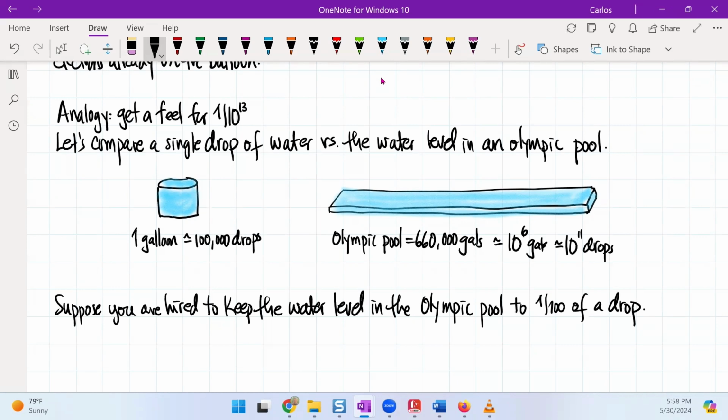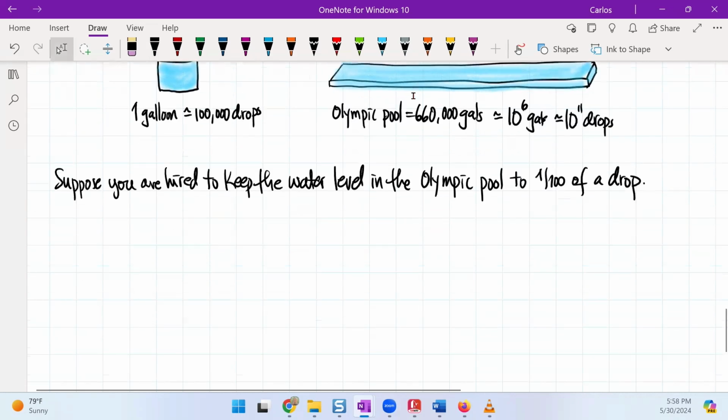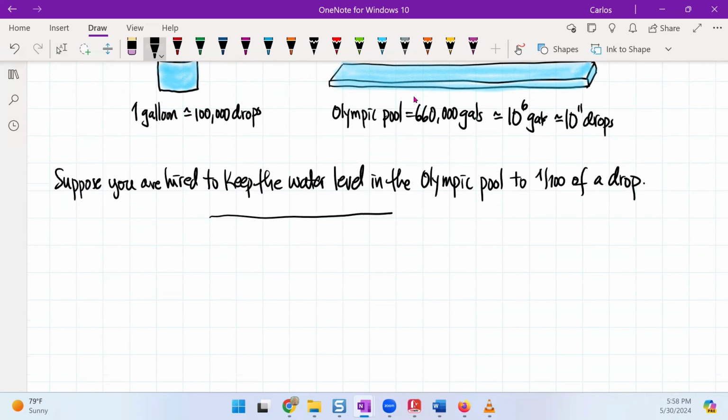So let me make sure you're understanding what I'm saying here. So suppose you are hired to keep the water level in the Olympic pool to 100th of a drop. In other words, you are being paid, hopefully, a lot of money, and you have to keep the water level right here, right? So here's my water level.